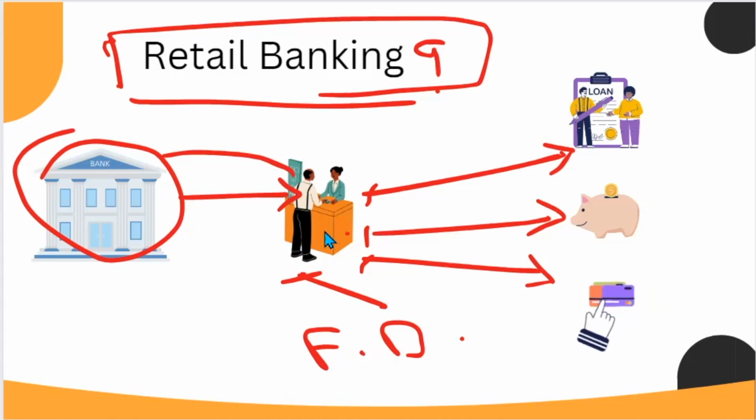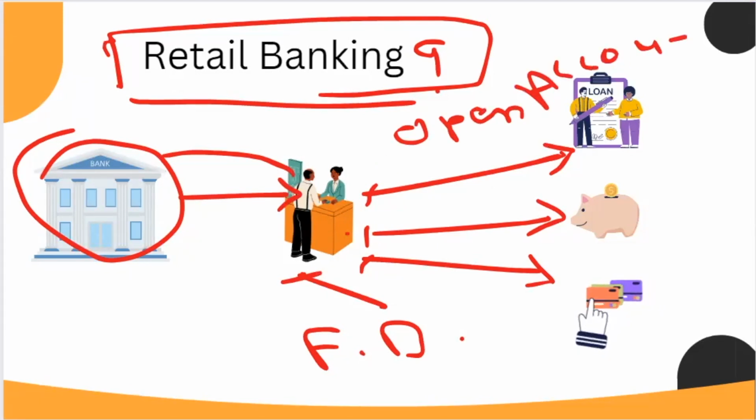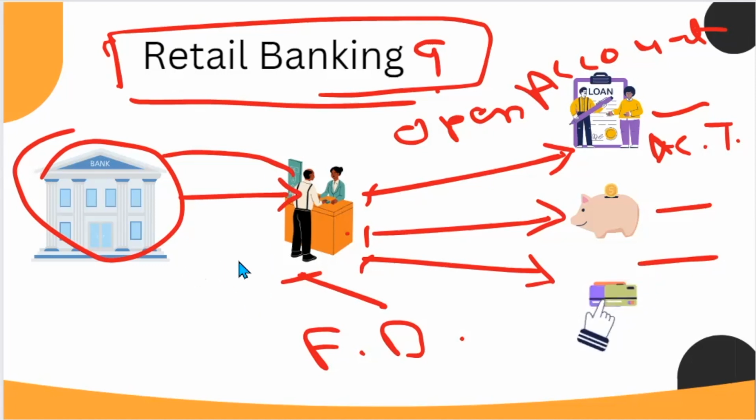So let's say he wants to open a savings account. In FSC you can utilize the open account flow for this. If you want to have a loan, you can utilize some action template, which we will see later in the video. So these are the flows available for each and every process in retail banking. Apart from that, let's say this guy is facing some problem with the bank.